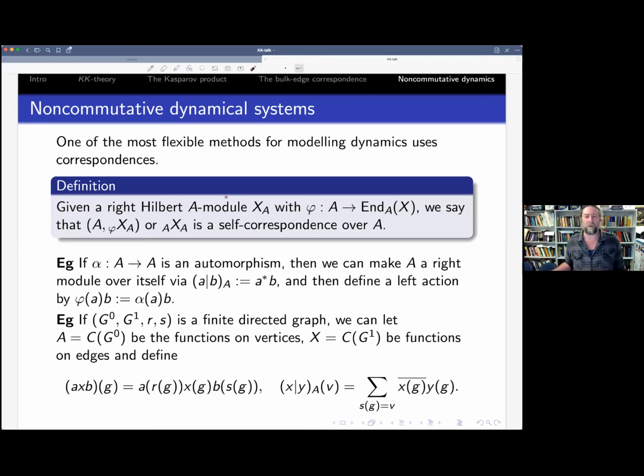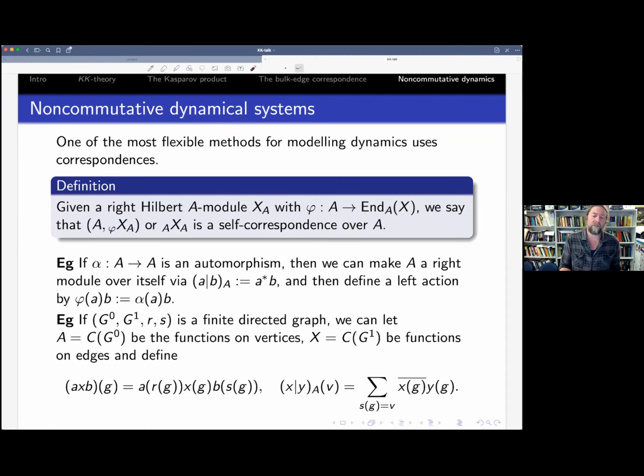You could use groupoids or whatever. I'm going to look at the Kunz-Pimsner approach, due originally to Pimsner in the middle of the 90s. And it starts with, again, a right Hilbert module. But this time, instead of another algebra, we have the same algebra acting on the left.